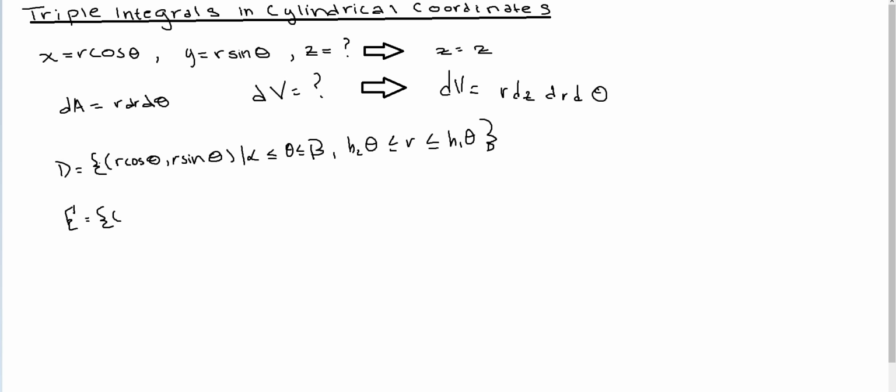And from our D, our domain, our general region, we said r cosine theta, r sine theta, etc., and these are just our bounds.